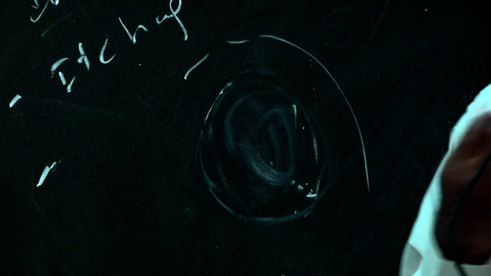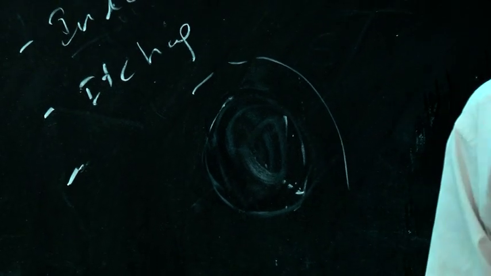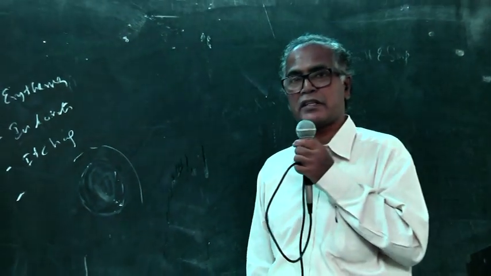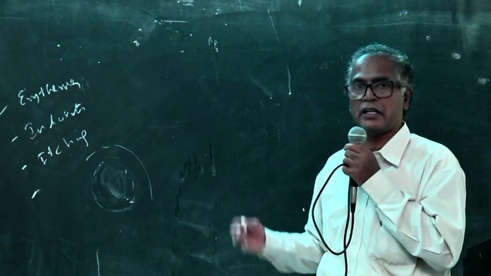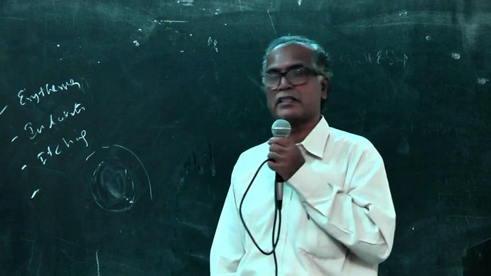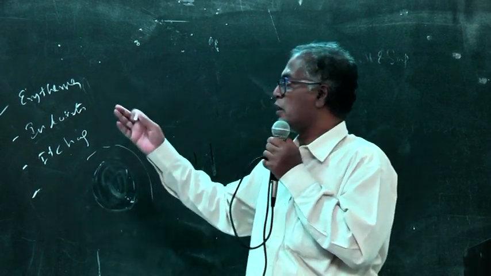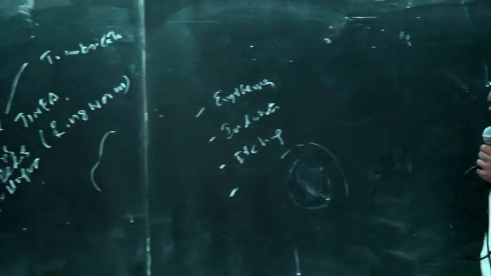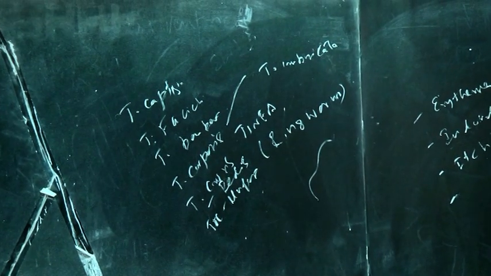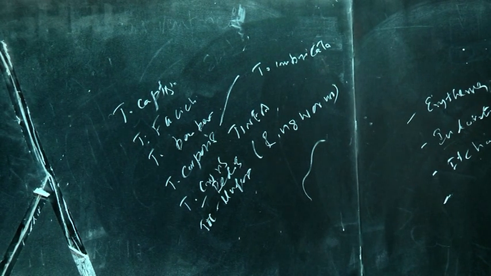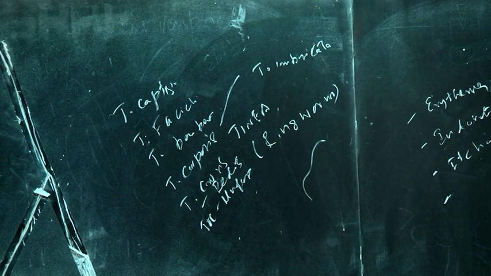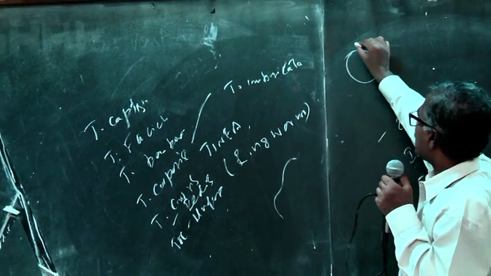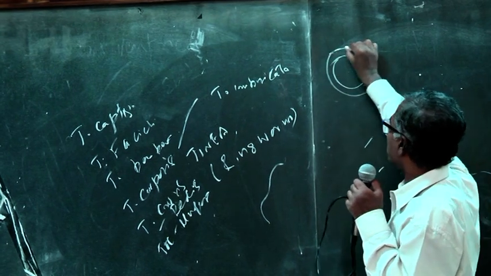So tinea corporis is characterized by erythema, induration, and scaling, and the manifestations are usually present anywhere on the body. Depending upon the site of infection, the names are tinea capitis, tinea facialis, tinea barbae, tinea corporis, tinea cruris, tinea pedis, or tinea manuum. In tropical countries, instead of one ring, there will be different concentric rings like that.